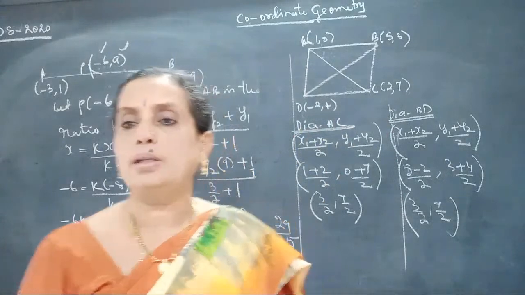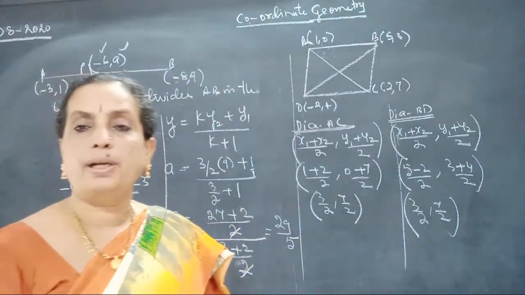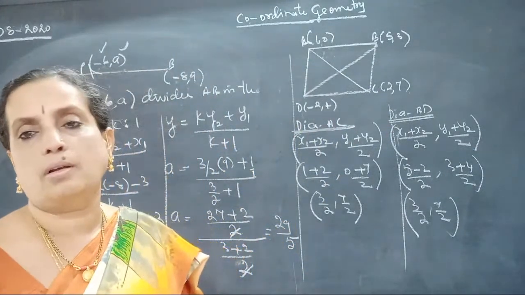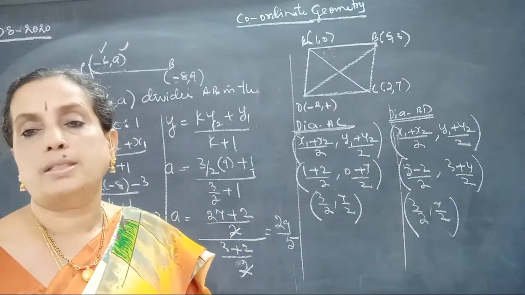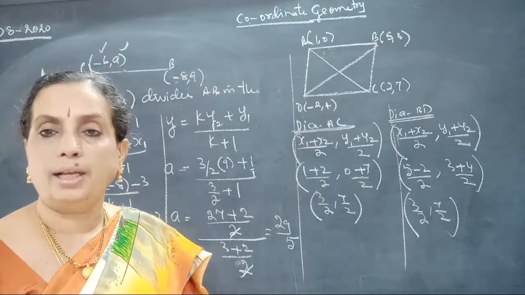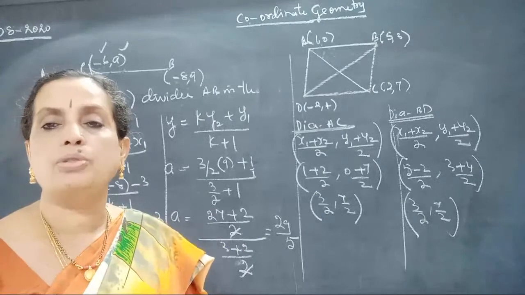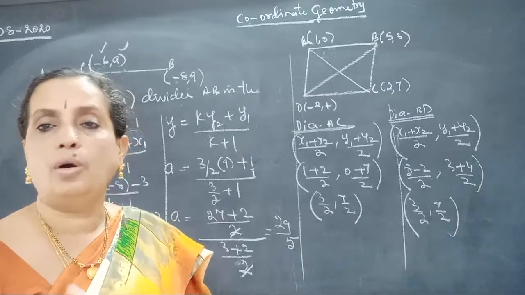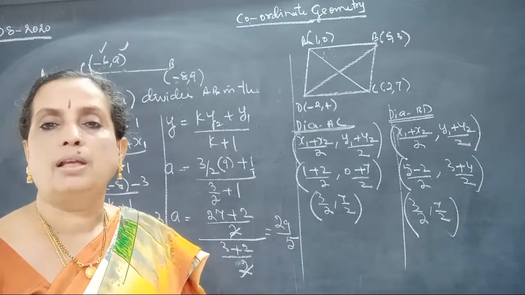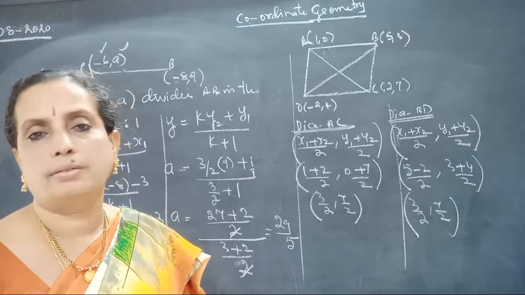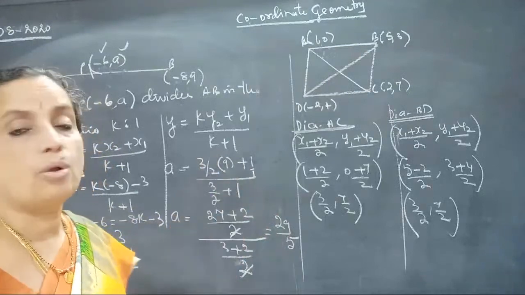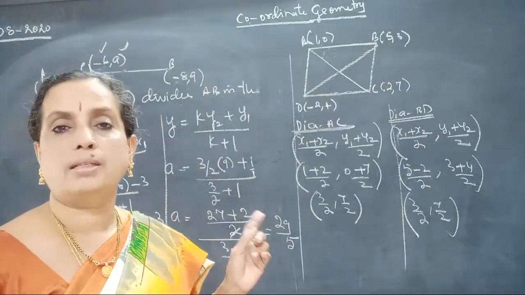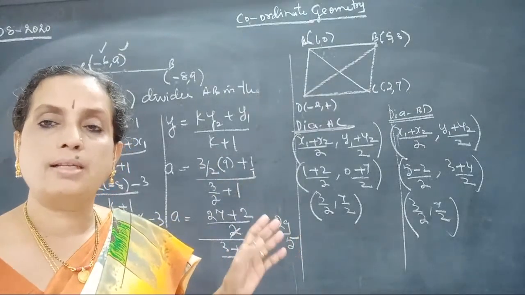The other part of the property here: opposite sides are equal. In case of a rectangle, diagonals are equal and opposite sides are equal. In case of a square, all the four sides are equal, diagonals are also equal. In case of a parallelogram, opposite sides are equal, diagonals bisect.